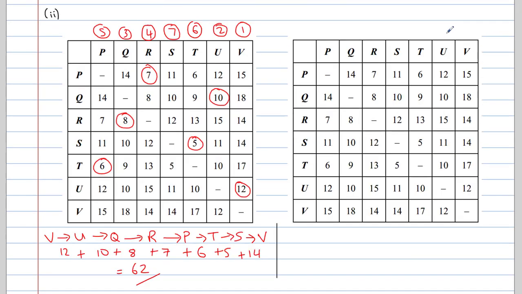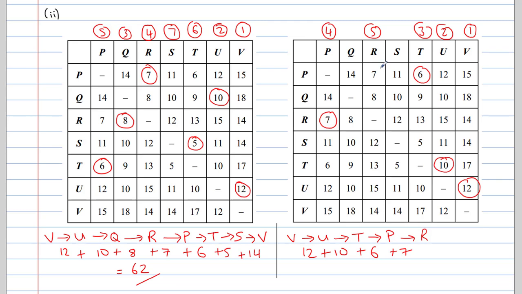Next we'll do another path which will be similar. Starting from V, we're again going to go to U, which will be 12. But now instead of going to Q next, we're instead going to go to T. Then from T, the closest place is P. Then from P, the closest place other than T, which we can't have, is R, which is 7.